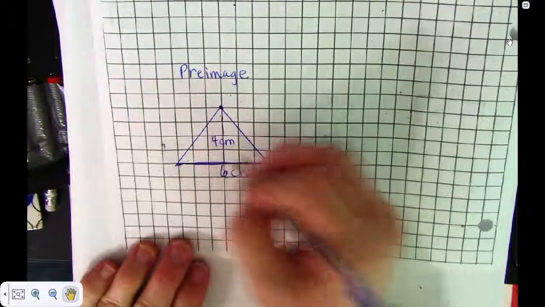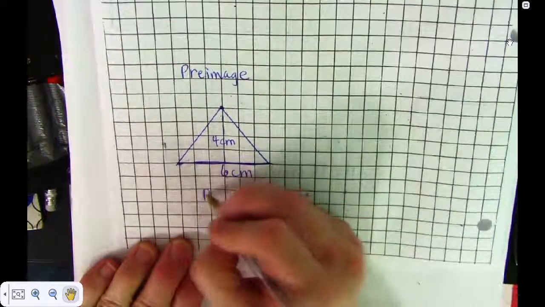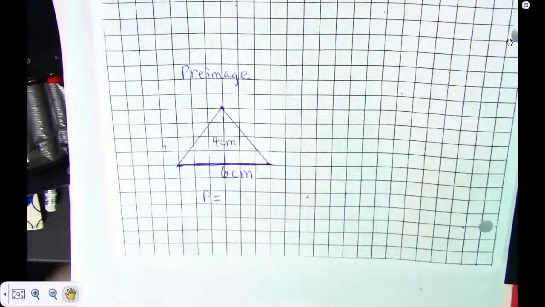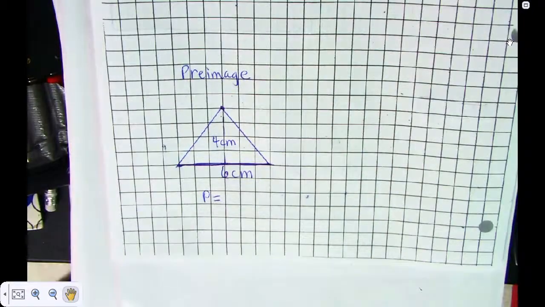Come down here. We're not going to put the perimeter inside the triangle. Perimeter equals. Raise your hand when you know the perimeter.